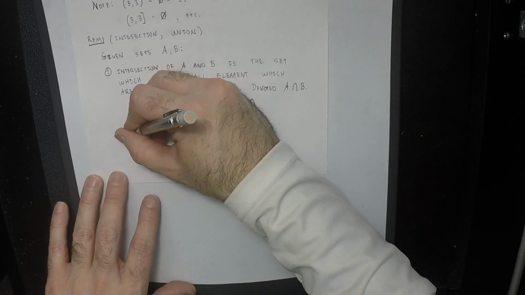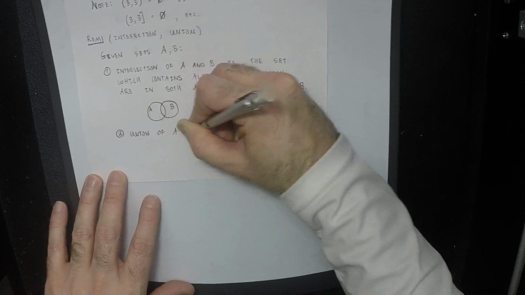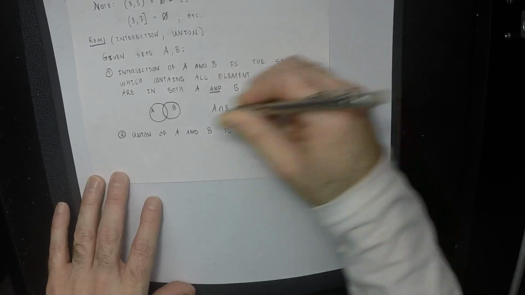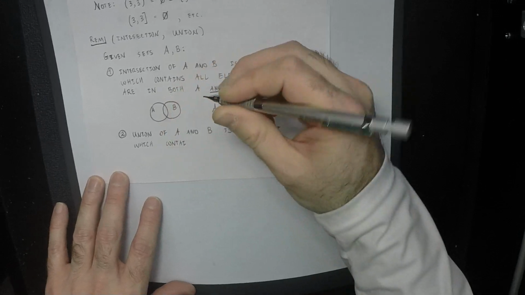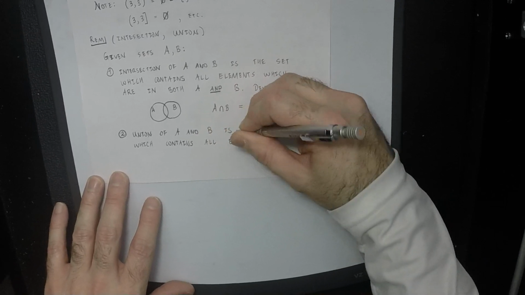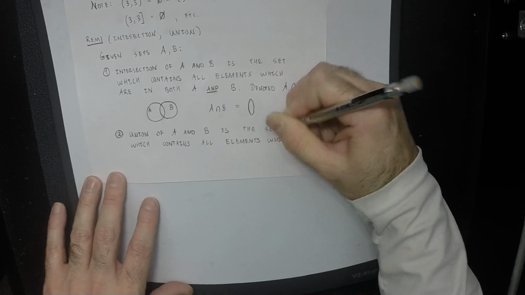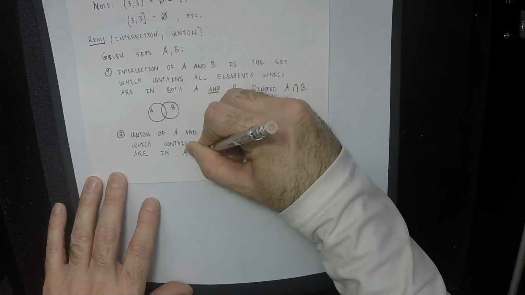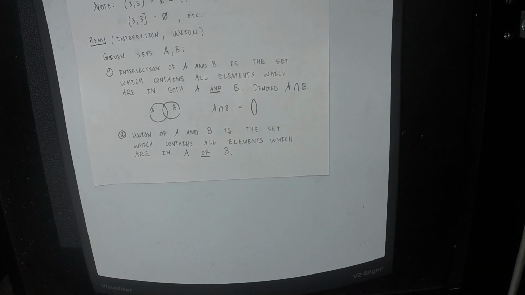So similarly, the union of A and B is the set which contains all elements which are in set A or set B. So the keyword for union is or.